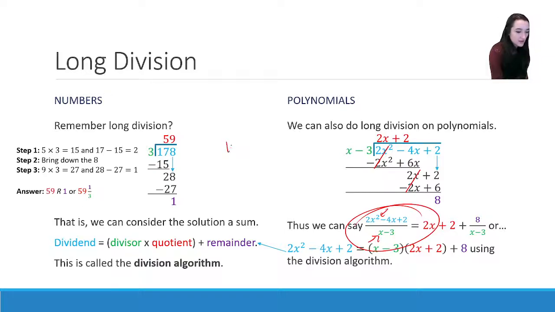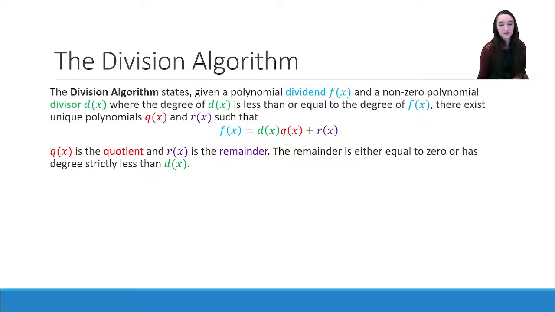In the same way that 178 over 3 is something I can do long division on, but 3 over 178 wouldn't be super helpful. I could do this if I really wanted a decimal approximation, but it's not really what we usually use long division for. So that's the same thing here, where we're really only going to use polynomial long division if we're starting with a higher degree on the top and a lower degree on the bottom.